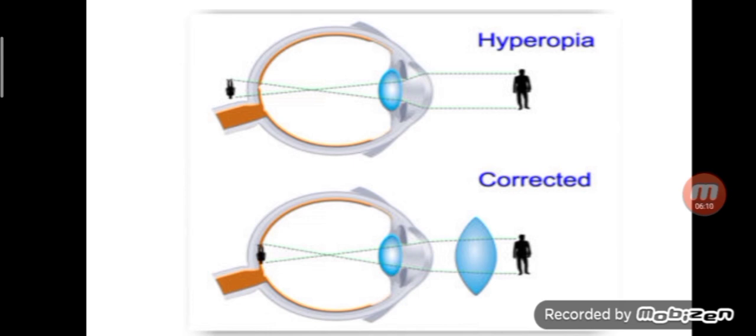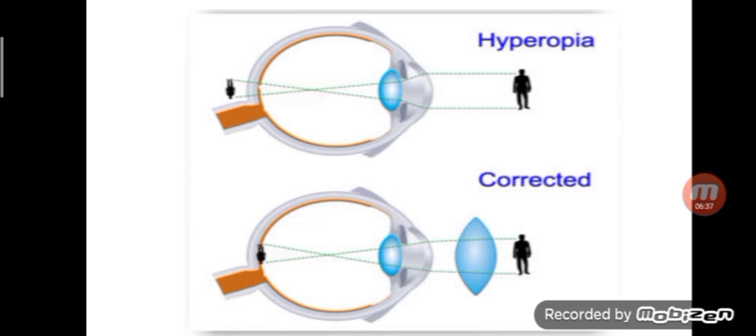In this type of defect, the image of nearby objects will be formed beyond the retina, whereas the image of the distant objects will be formed exactly on the retina. So this defect in the vision can be corrected by using convex lens of appropriate power.